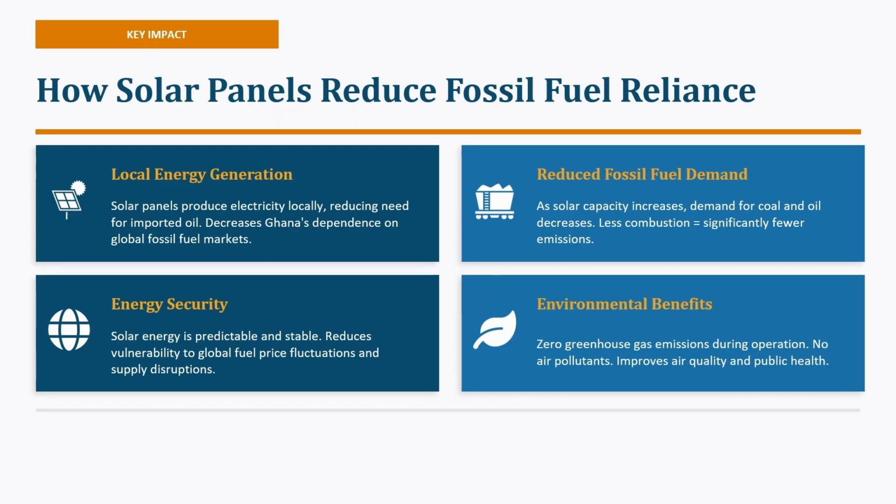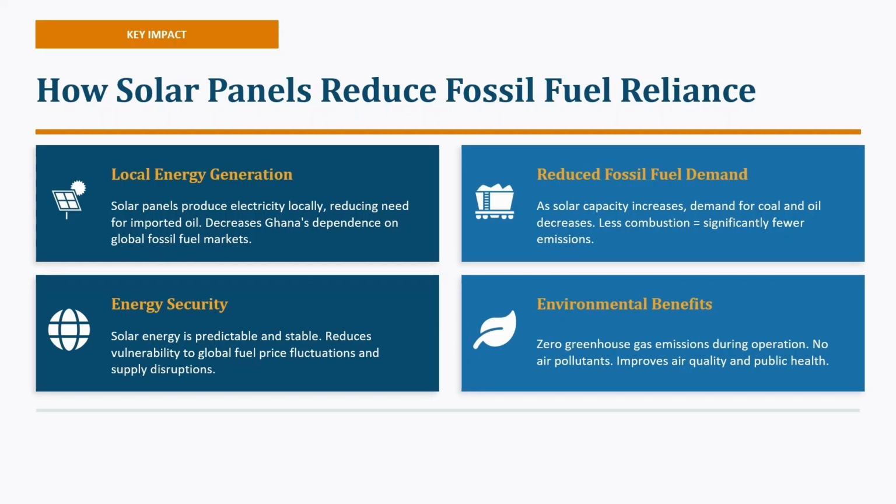Okay, so this is how solar panels reduce fossil fuel reliance. So as we have said, this lesson is to encourage we as Ghanaians to transition from over dependence on fossil fuels to employing solar panels in the generation of electricity for both our homes and our industries.